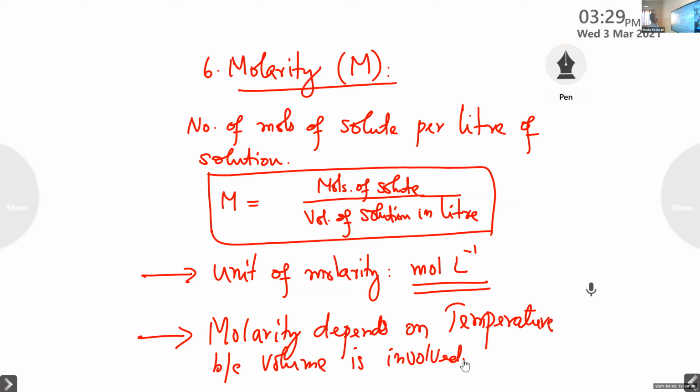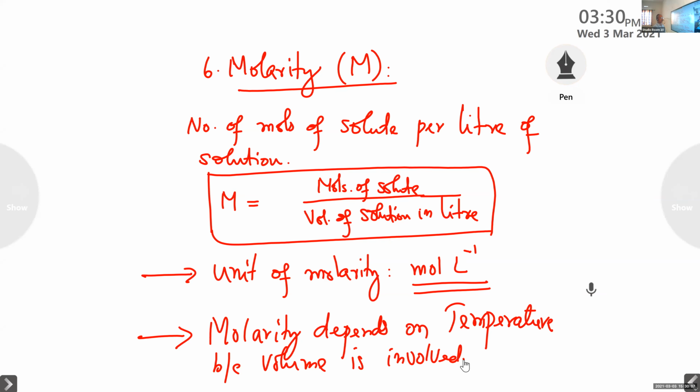So it is not a constant term, but at the normal conditions, that is room temperature, the volume does not vary much. So we can take it as more or less a constant. But to be more specific, it depends on temperature. It varies with the temperature.